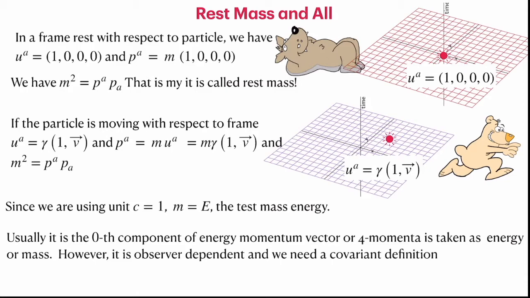This is not usually convenient, or when there is a quantity which is observer dependent, it leads to a lot of inconvenience, because a covariant formalism requires everything to be written in terms of proper definitions, and this is where we come across the definition of energy or mass of a 4 momentum as seen by a time-like observer.